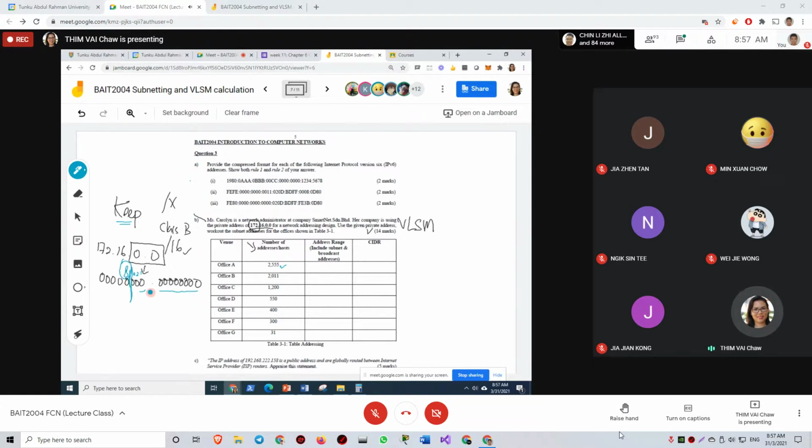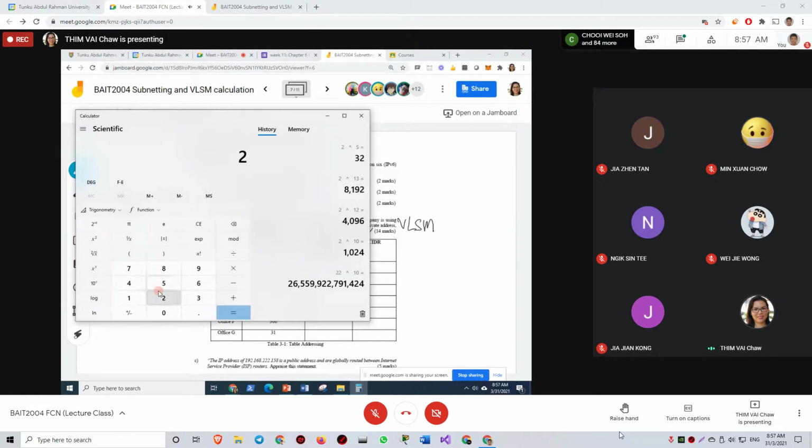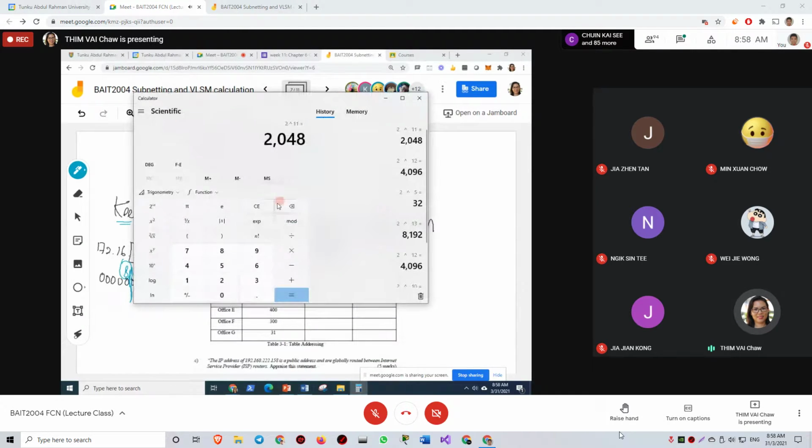Why do I keep 12? 2 to the power of 12 gives me 4096. If I go with 2 to the power of 11, I only get 2048. Not enough for my numbers. So that's why I need to keep 2 to the power of 12.